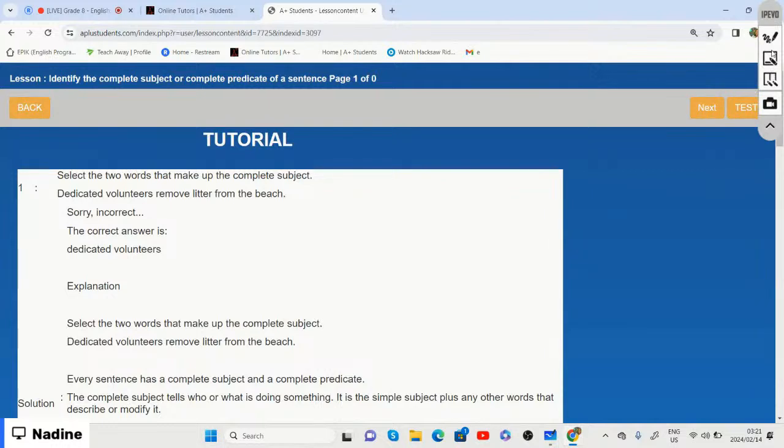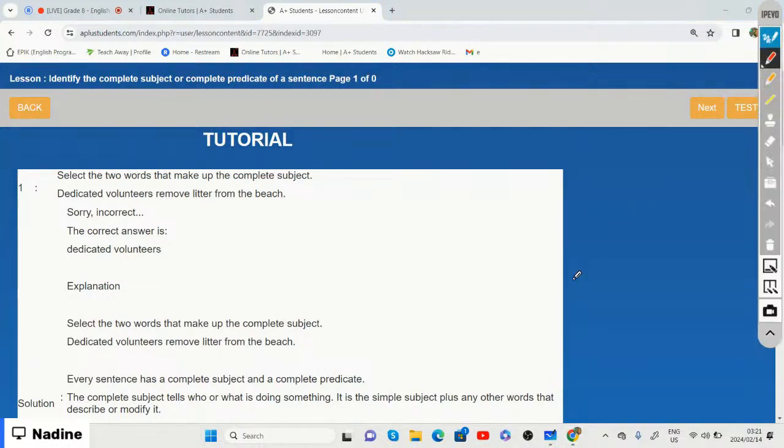And if we select the two words that make up a complete subject, it is dedicated volunteers. That basically tells us who or what removed the litter from the beach. They are the ones that tell us who or what is doing something. Those are the ones who remove the litter from the beach. We had to select two words that make up a complete subject: dedicated volunteers.